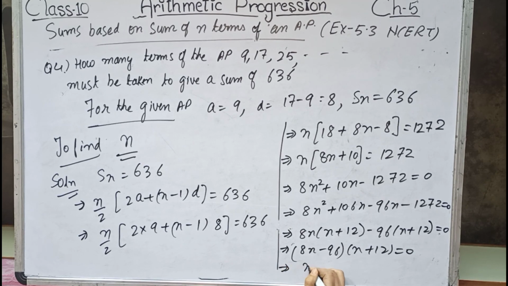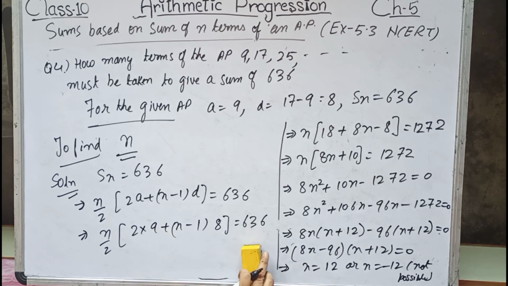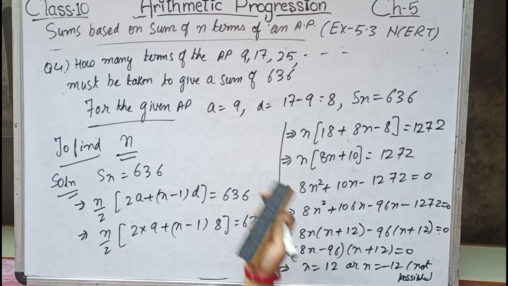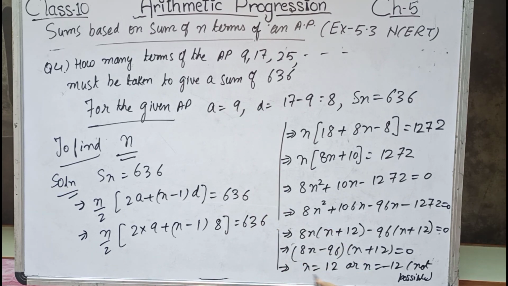This implies n equals 96 by 8, which is 12, or n equals minus 12, not possible. Negative is not possible for the number of terms. Therefore, n equals 12. What we have to find is how many terms, so we have to find n only. So n equals 12, and this is the answer.